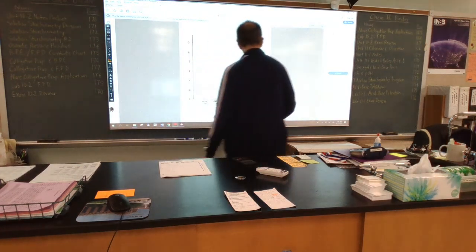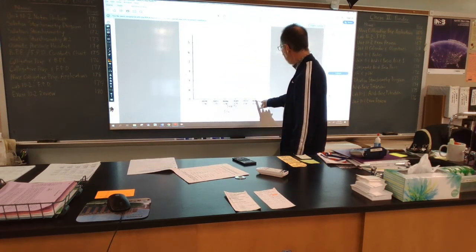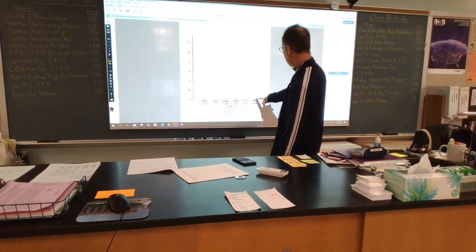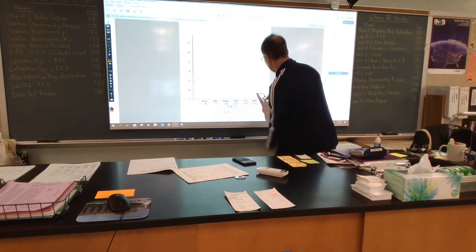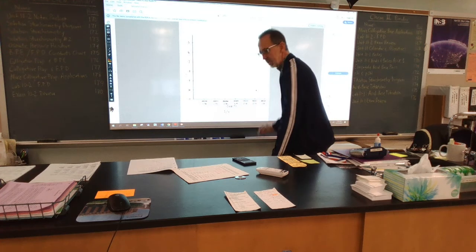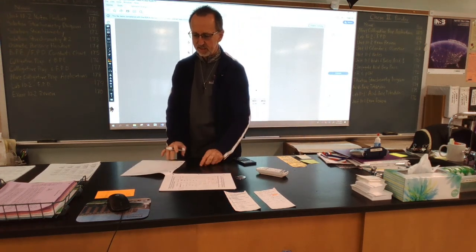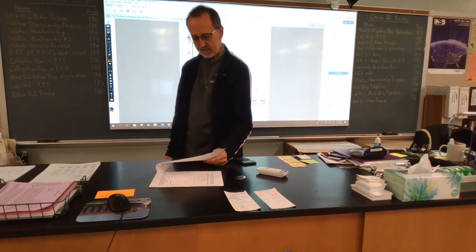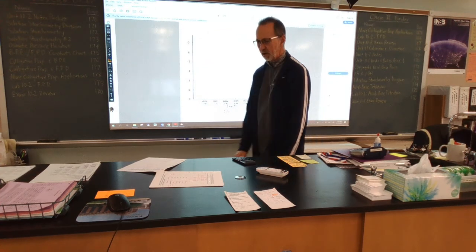So 2.16 times 10 to the minus third is about right there, and negative 10.6 is about right there. Is it exact? Of course it's not. Graphing, of course, is about the most subjective thing you can do. And so, no, it's not exact, but hopefully it's close. So this is data point 1, all right?